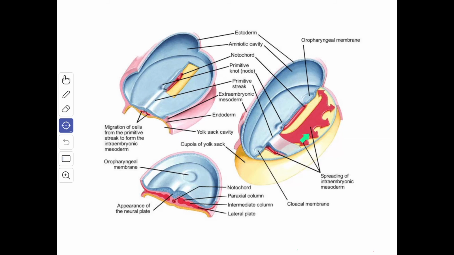The secondary mesoderm extends over the whole of the embryonic area except in the median plane in the region of the precaudal plate and caudal to the primitive streak.